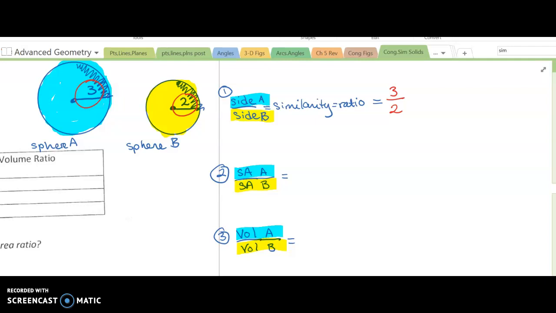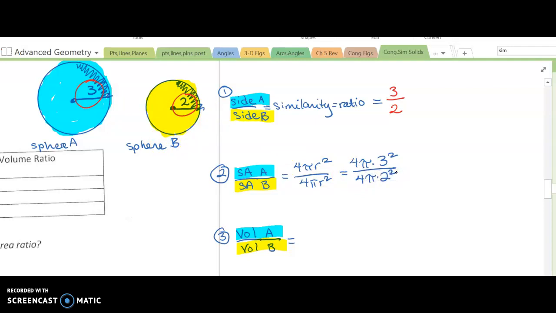All right, for surface area, we know the formula is 4 pi r squared over 4 pi r squared. So for the blue sphere, sphere A, we're going to do 4 pi times 3 squared. And for the denominator, sphere B, 4 pi, the radius is 2 squared.